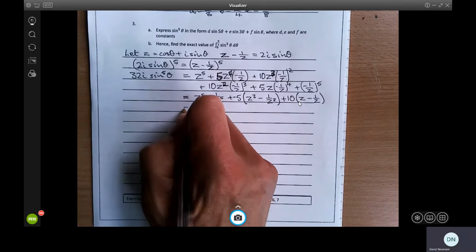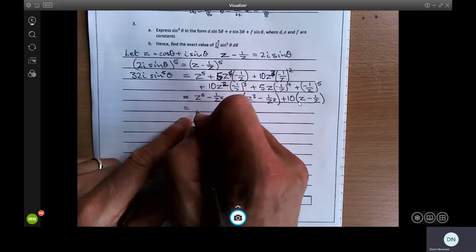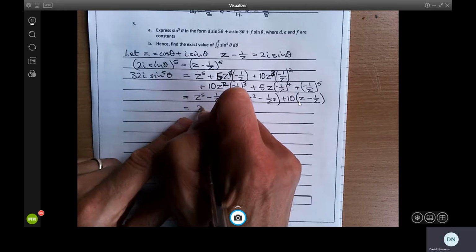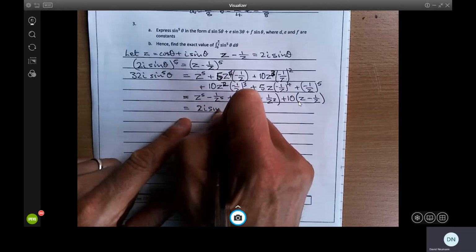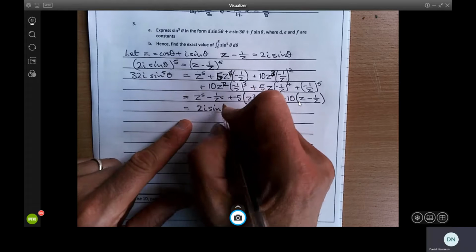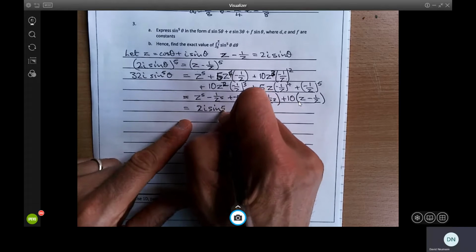So we now have, well, we know that z to the power of 5 is 2i sine of 5 theta.